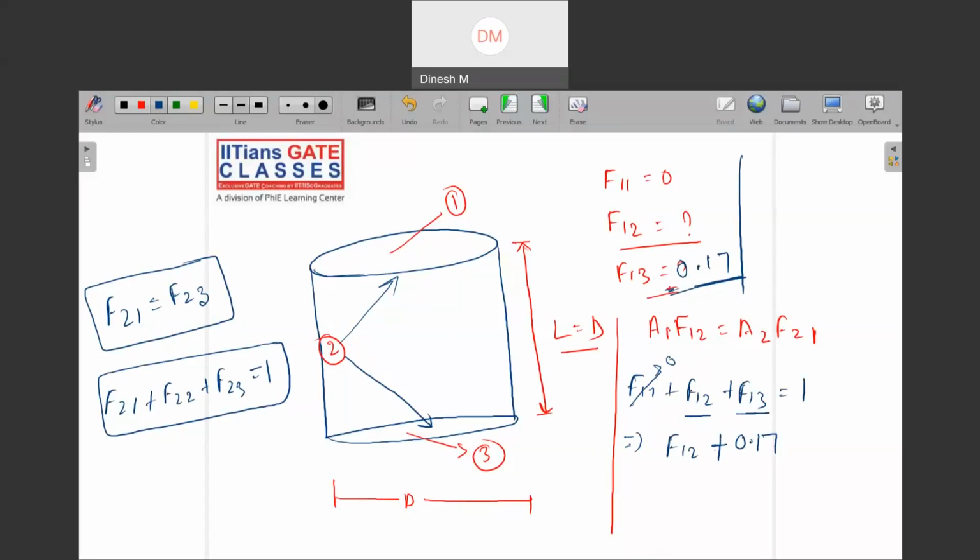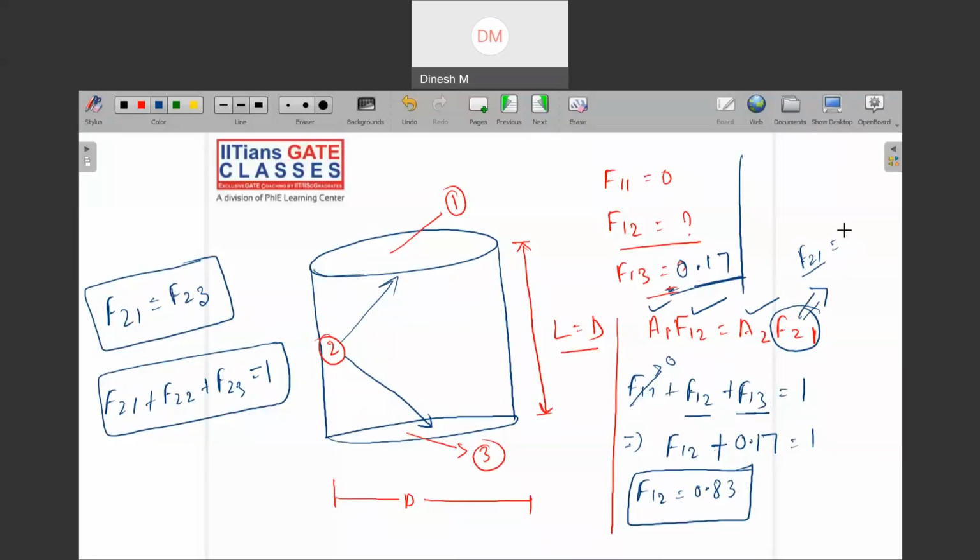So F12 is 0.83, that is 1 minus 0.17. So F12 is done. If F12 is done, then A1 I know, and A2 I also know, so I can find out F21. So when you solve for this F21, what you will get is that F21 is equal to what?